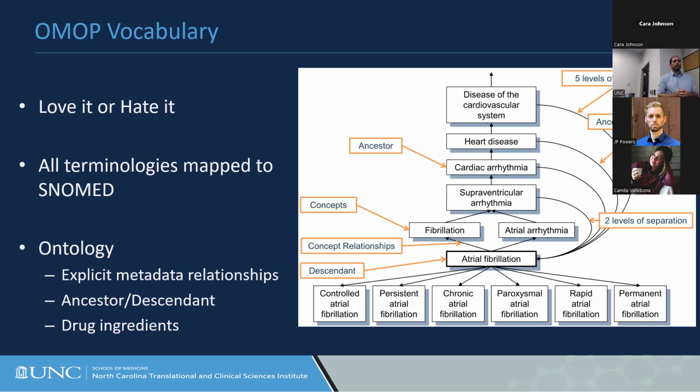So here, there's this example of, at the bottom, you have all of these specific types of atrial fibrillation. These would be the examples of things that are on individual granular ICD-9 or ICD-10 codes. And there would be some sort of relationship, but not really an explicit built-in relationship at the metadata level in the ICD terminology.